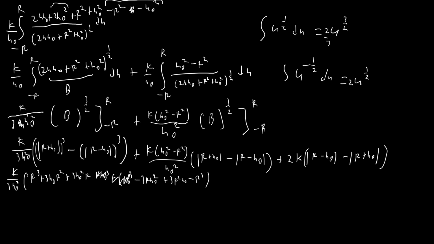And if you notice here, the sign on this h0, these are going to cancel, right? Oh, I should mention there's still a negative sign here. Because of the sign on this and on this, these are going to cancel. And so we're just going to end up with k over 3, r cubed plus 6 r h0 squared, 2r cubed, all over h0 squared. All right?